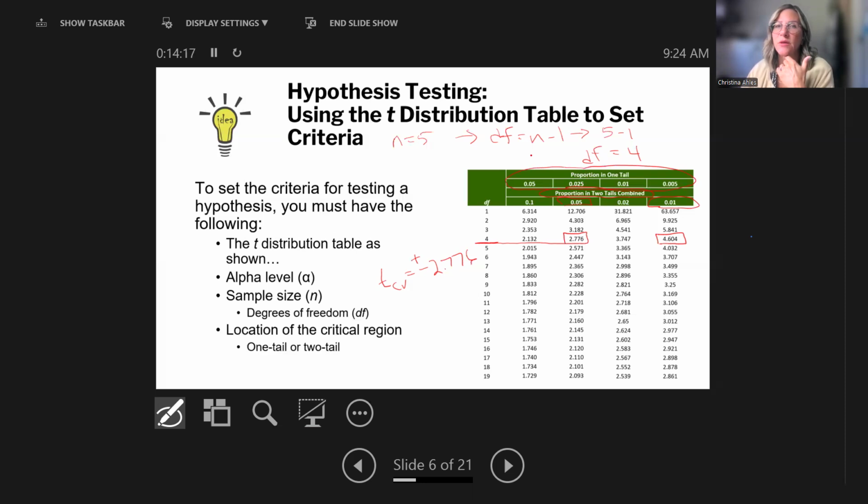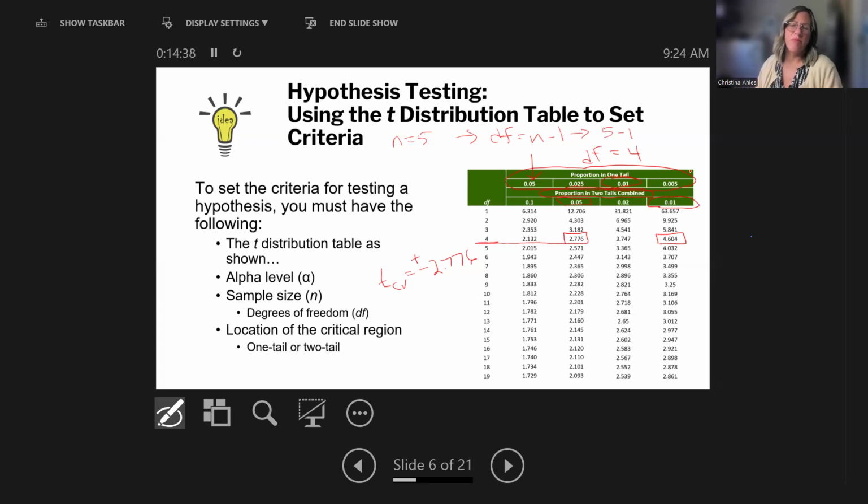So here's the 0.05 for one tail, and here's the 0.01 for one tail, that third column over. So you no longer have to split your alpha levels. The table is going to do it for you. So it's going to be a different critical value depending upon sample size and degrees of freedom.